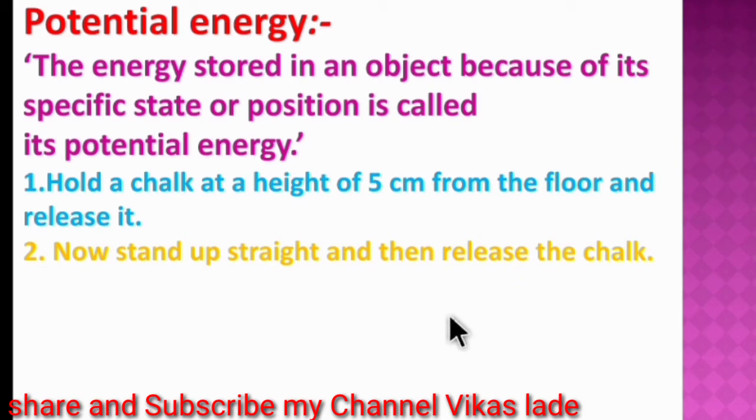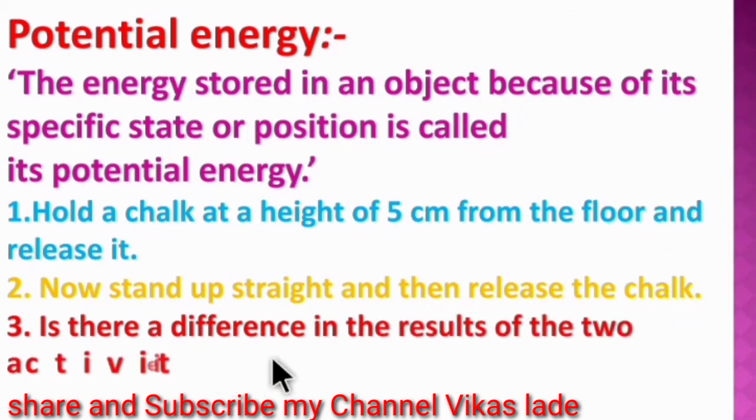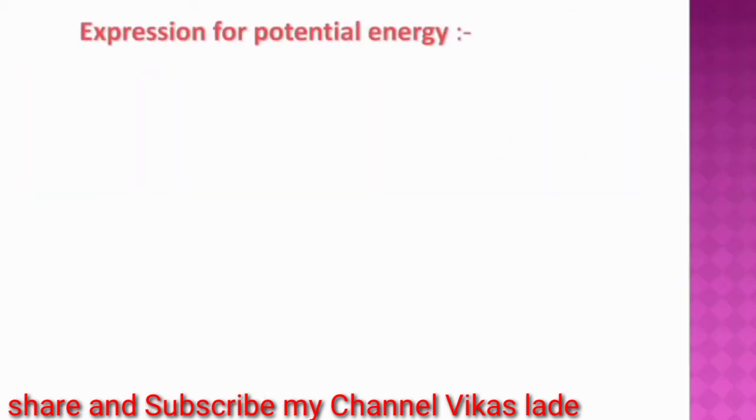Answer of this activity, relative to the first activity, its speed is much more as it falls to the ground. Third, is there a difference in the result of the two activities? If so, why? Answer of this question, the difference is due to the initial potential energy of the chalk. The greater the initial potential energy, the greater is the final kinetic energy.